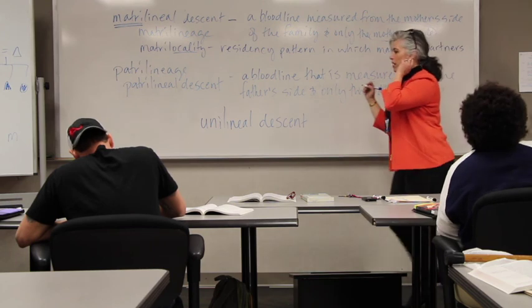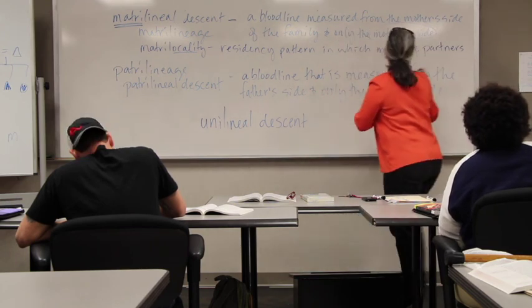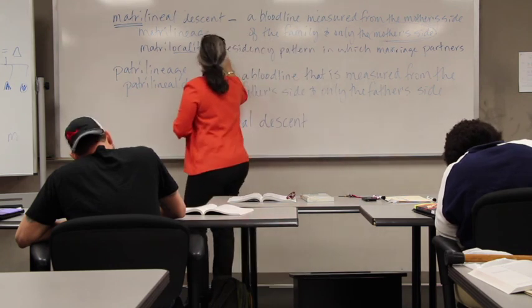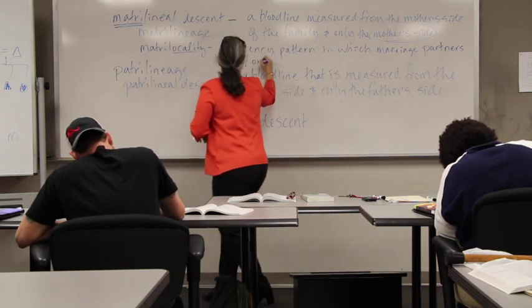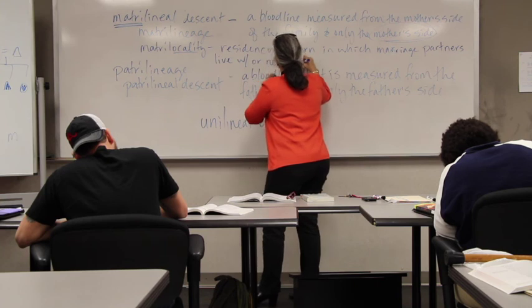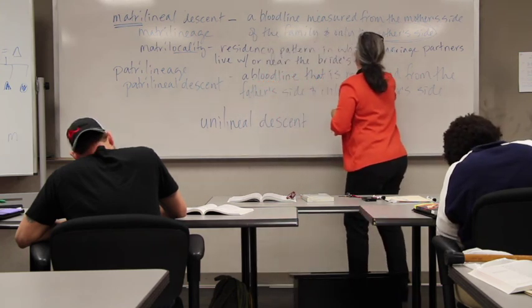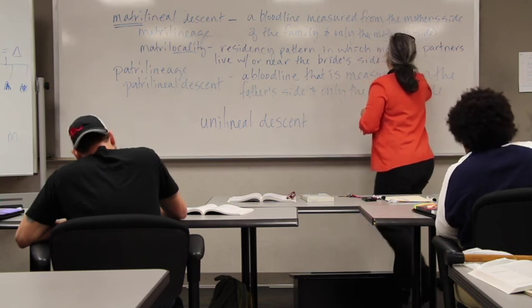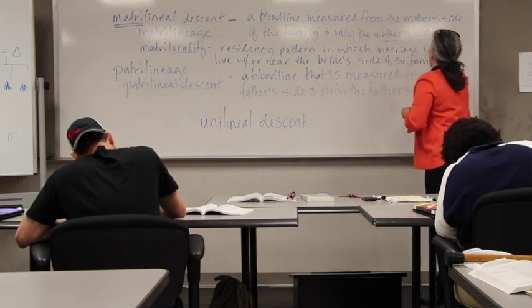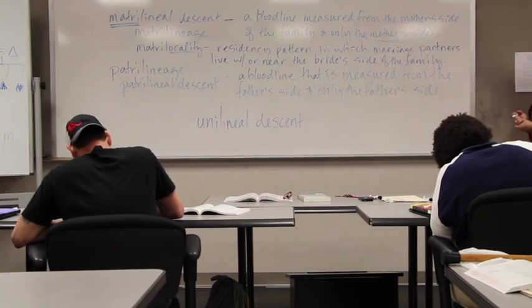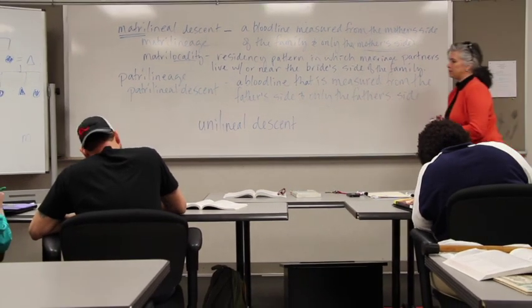I didn't mean to say mother's side of the family, I meant to say wife's side of the family. With or near the bride's side of the family. Okay? Matrilocality.